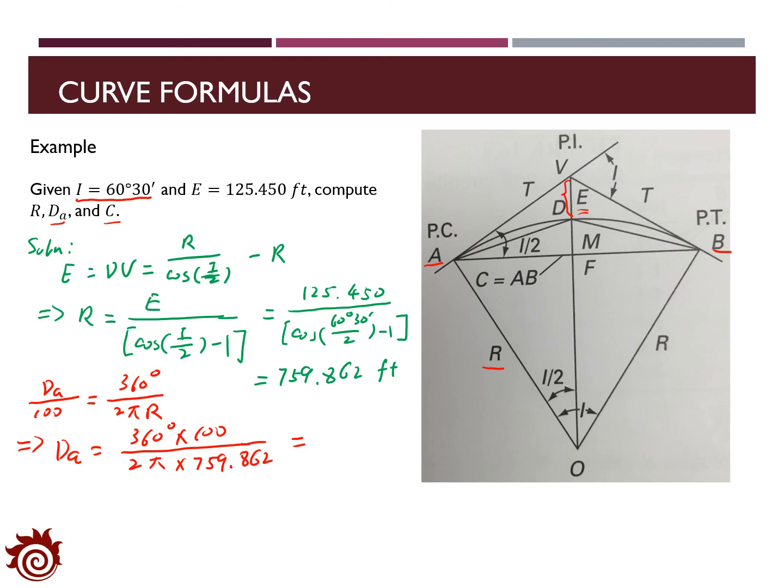So we have the value of dA as 7.20 degrees, which is 7 degrees 12 minutes.